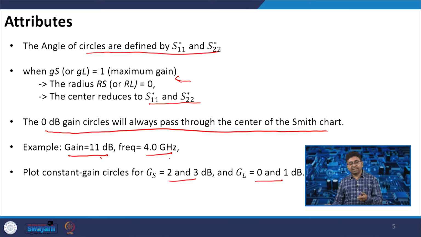And you can get the maximum gain of 11 dB. Either you can use a combination of 2 and 0, as G naught is already given, or you can use 3 and 1, 3 and 0. So, any combination is possible based on the gain that you want.